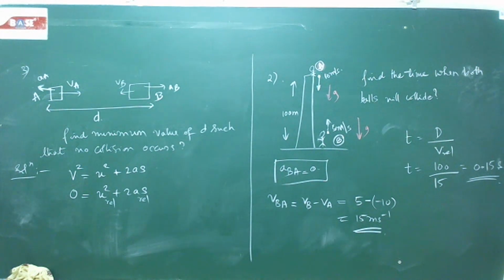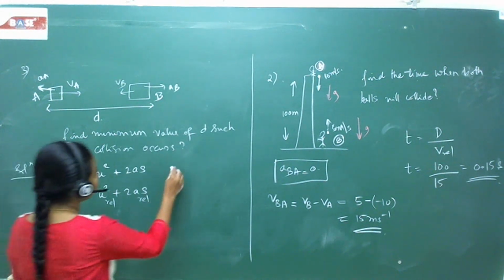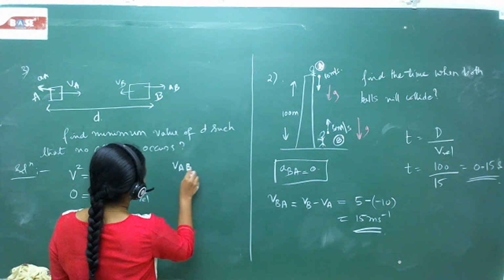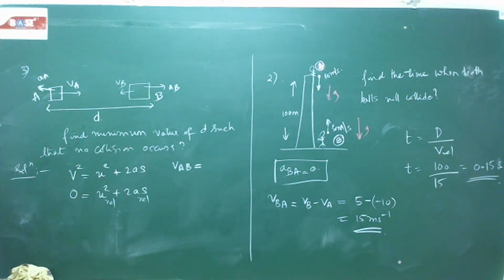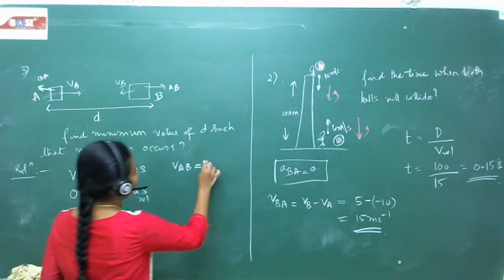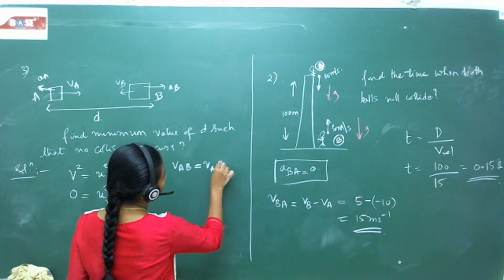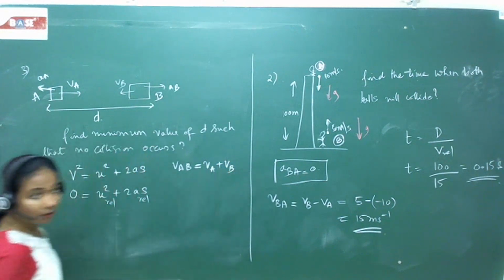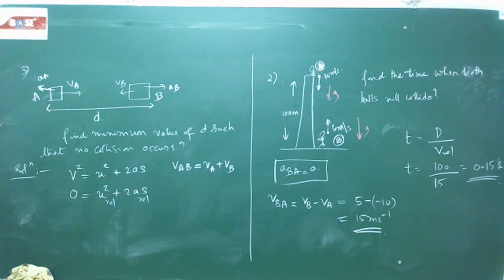So here velocity of A with respect to B will be VA, minus of minus will be plus VB. Okay.